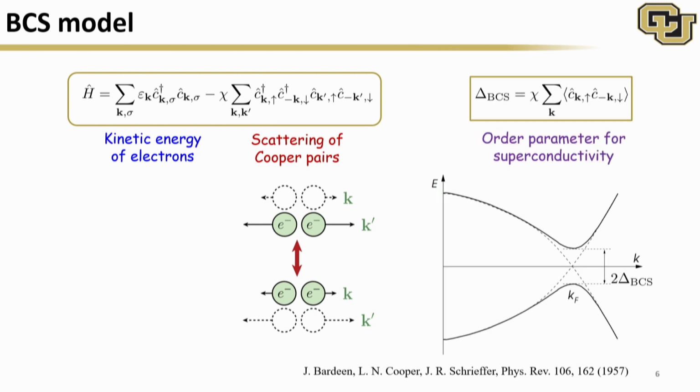They also described the superconductivity using a parameter called the order parameter. Its physical meaning is that when the system enters the superconducting phase, you can find an energy gap proportional to this order parameter in the system.